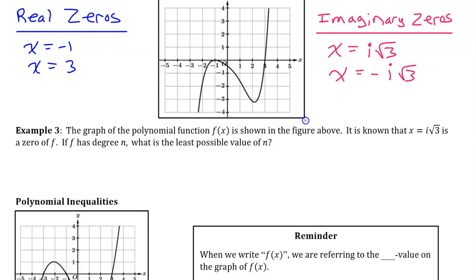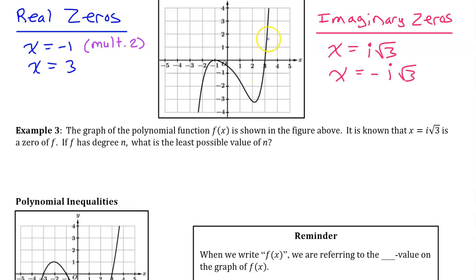But what about multiplicity? We are looking for the least possible value of n. So let's write down the least possible multiplicity. When the function is tangent to the x-axis, that means even multiplicity of that 0. So the smallest multiplicity possible for x equals negative 1 is multiplicity 2, because it has to be even.